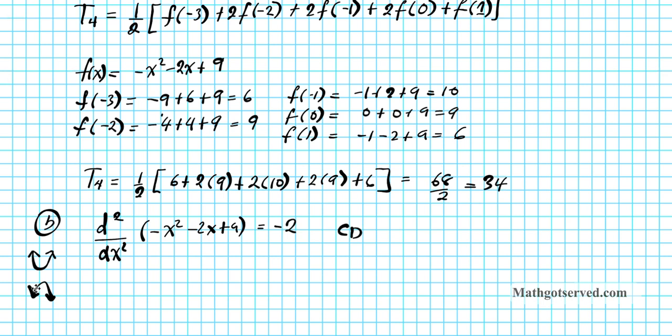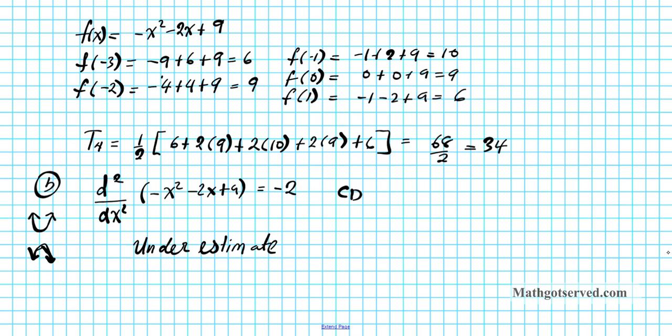Since it opens down, our trapezoid is going to be inside the parabola, right? So this means that this is going to be an underestimate, or lower estimate. An underestimate should be less than the actual area, okay?